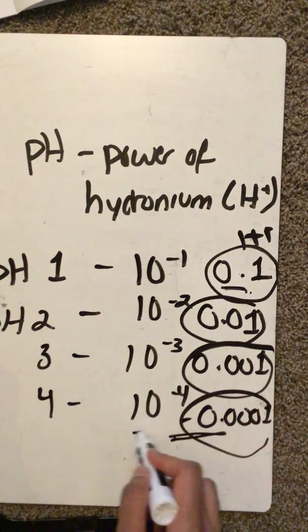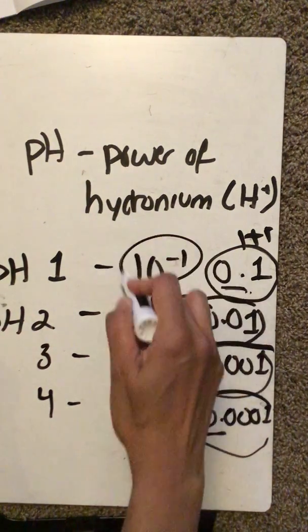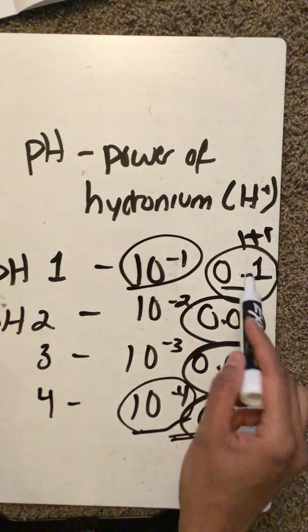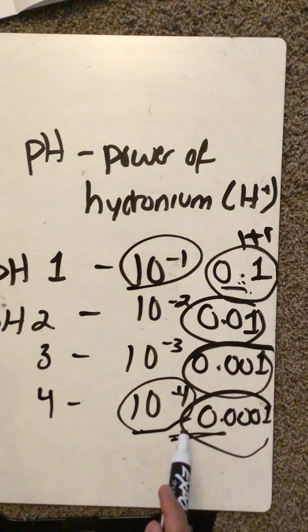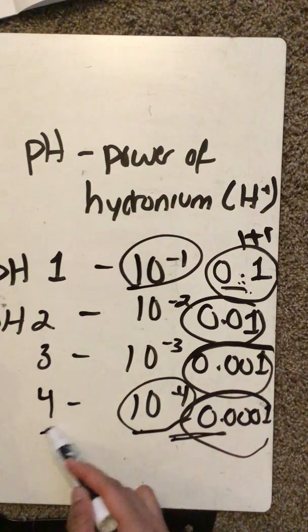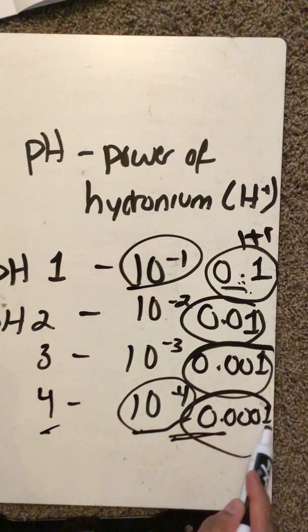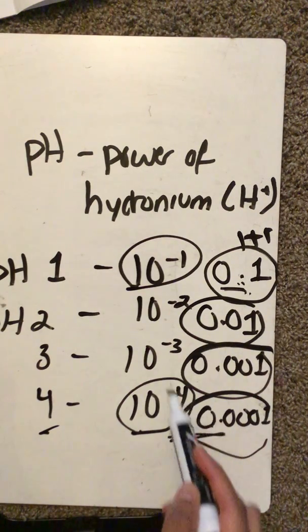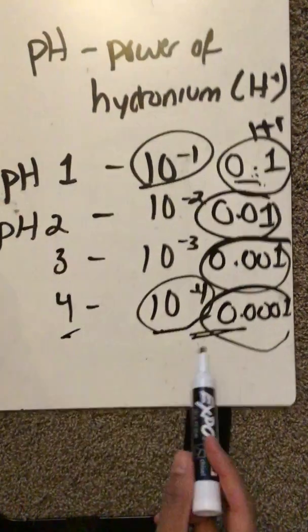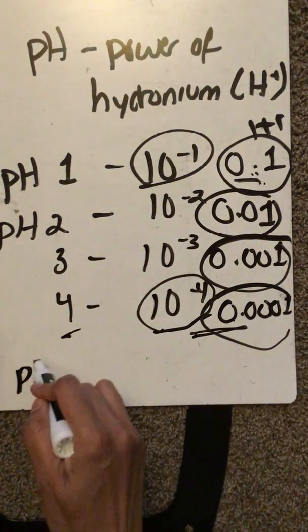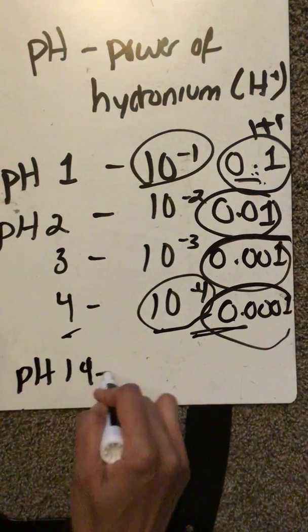So this is 10 to the negative 4, and this is 10 to the negative 1. This one over here at 0.1 is definitely more concentrated than a pH of 4, which is 0.0001. So you can see that the lower the pH, the more concentrated H positive you have, until you go all the way to pH 14, and guess what?